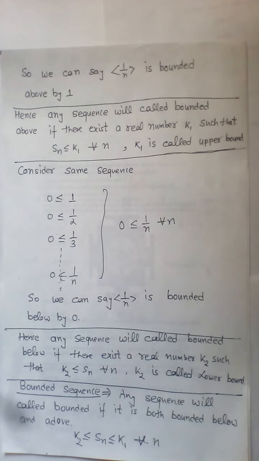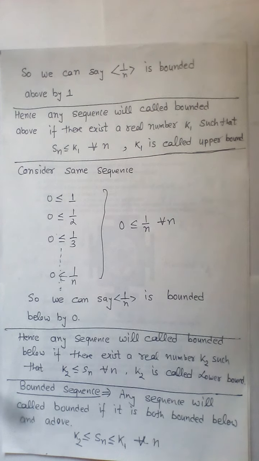One thing to note is that the upper bound of a sequence is not unique. We may have many upper bounds. For example, in the previous example, 2 can also work as an upper bound, and 3 can also work as an upper bound.